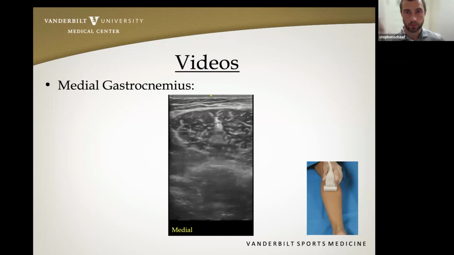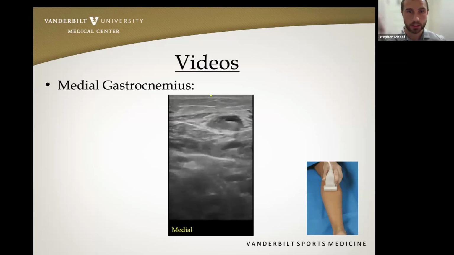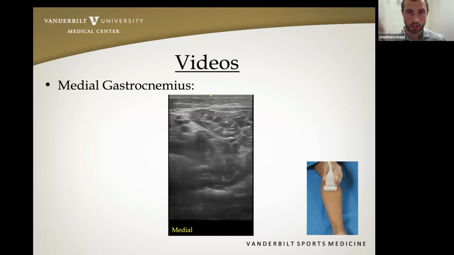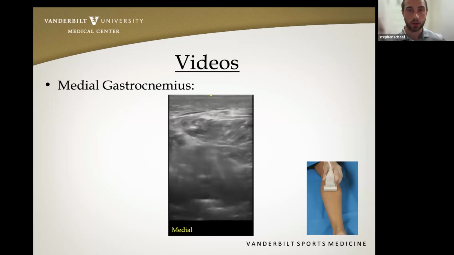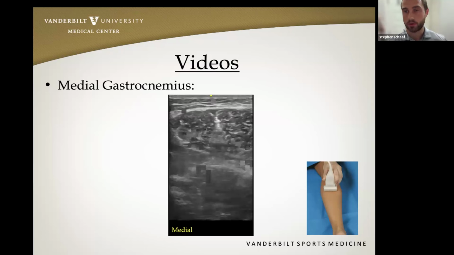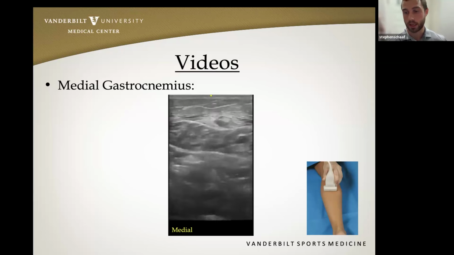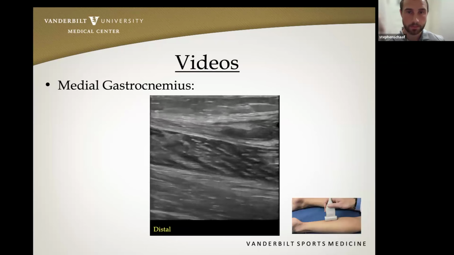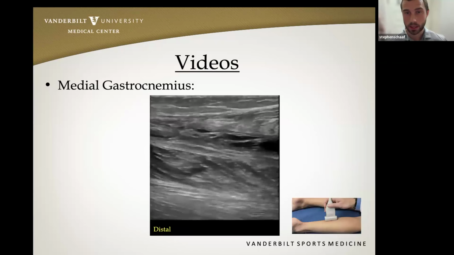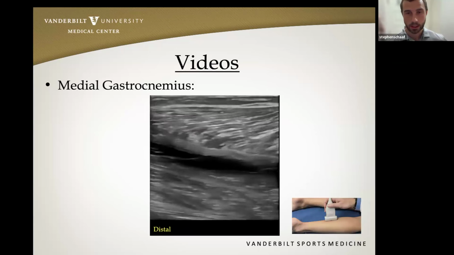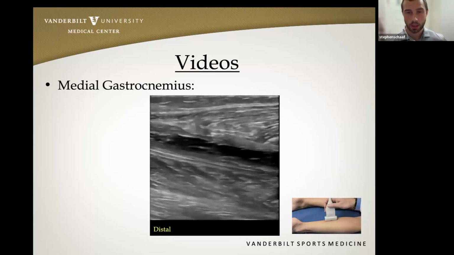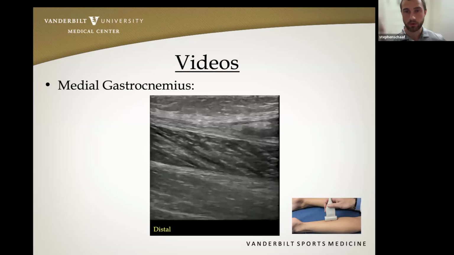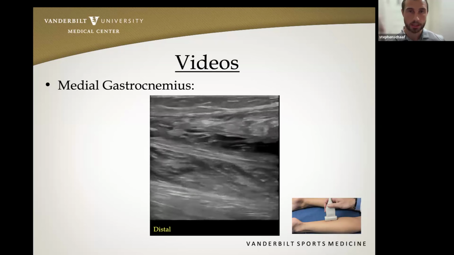With that aponeurosis involvement and the hematoma, you can see that it's involving at least greater than 50% of that medial gastrocnemius. And then doing a long axis scan here, once again scanning from distal to proximal, just seeing how large of involvement this injury has.